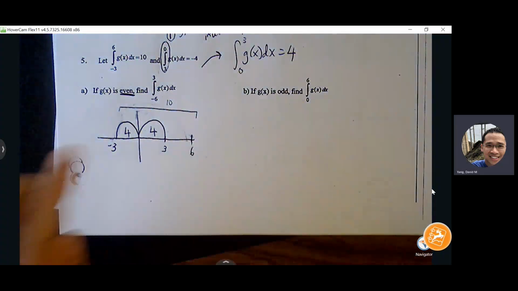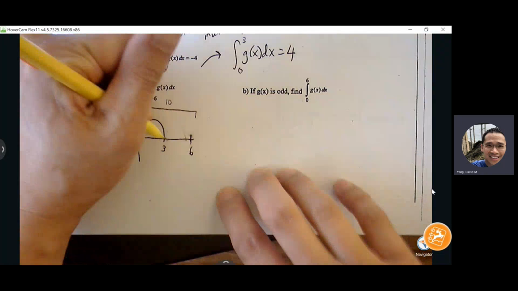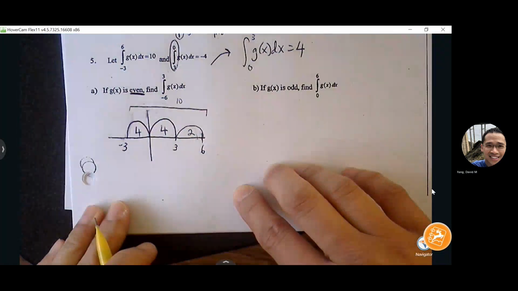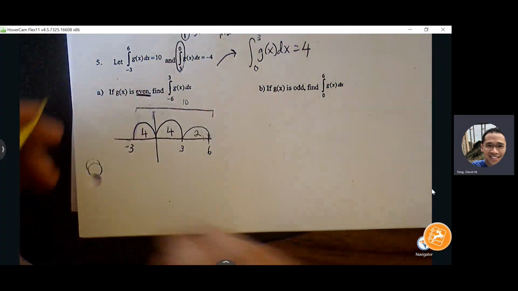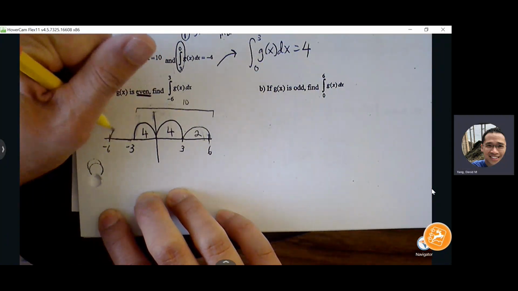Add up to 10. So if I have 4 and 4 sitting here, what's left over that I can fill out to make it 10? 2, right? So from 3 to 6, this must be equal to 2. Now, going back to the even property, if this is 2, what else can I put on the other side? Also 2, from -6 to -3.